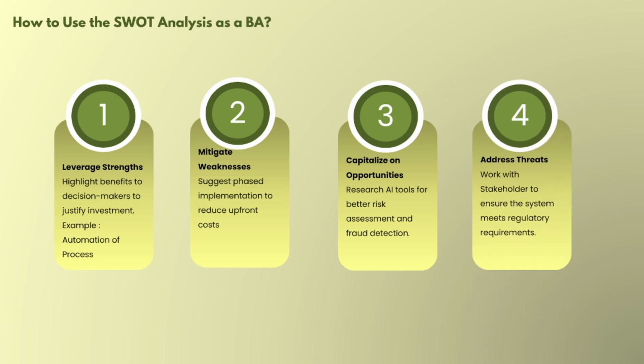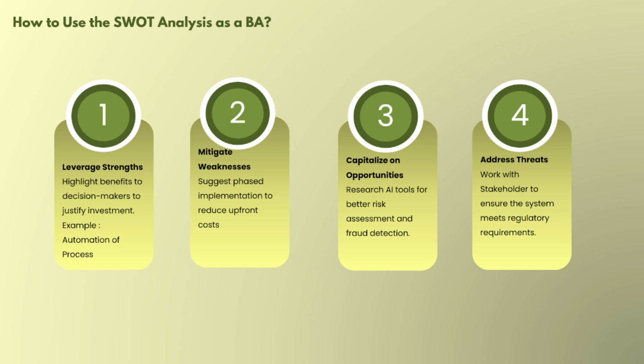Work with stakeholders to ensure the system meets regulatory requirements. What we identify here are potential threats like compliance issues, and we don't wait for problems. Instead, we involve stakeholders early to make sure we are following all the rules. So in this way we can use SWOT analysis as a BA.